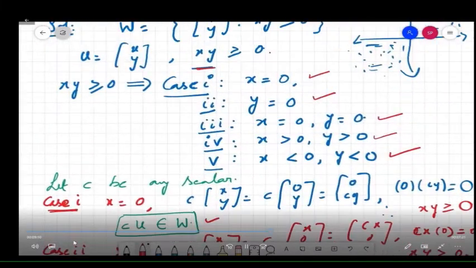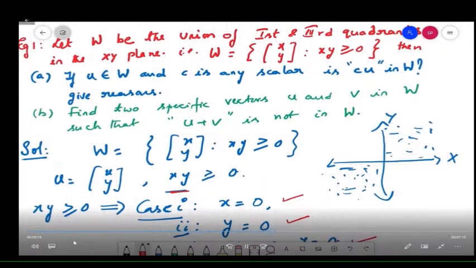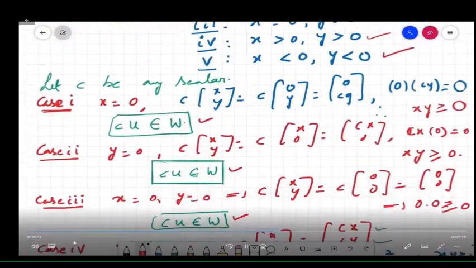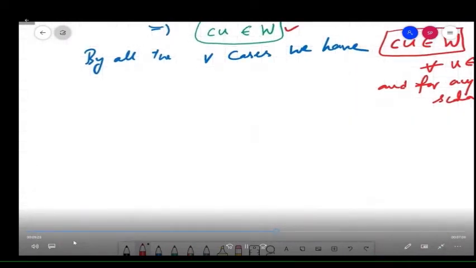Now we have the second one, B bit. What is that B bit? Find two specific vectors u and v in W such that u plus v, the summation of u and v, is not in W. So I have to give some specific examples. So I am randomly picking two vectors. U is equal to (x, y), where the product xy is greater than or equal to 0.